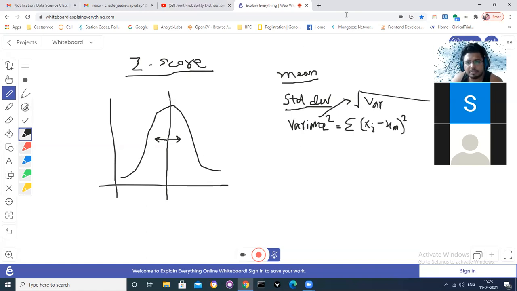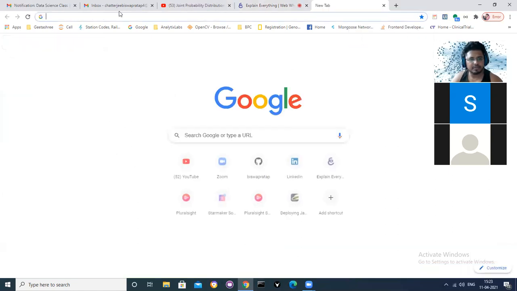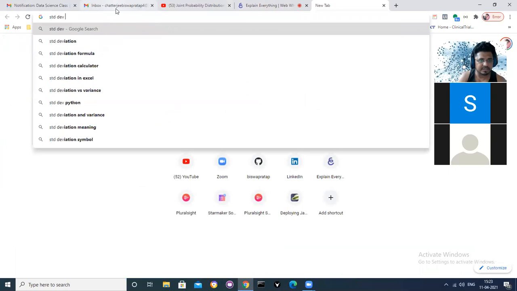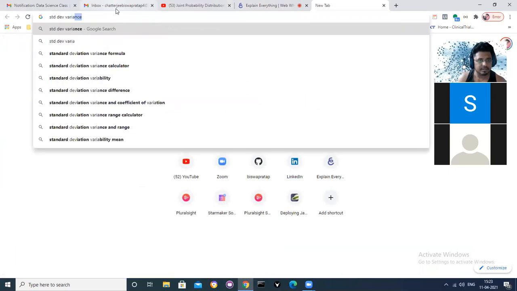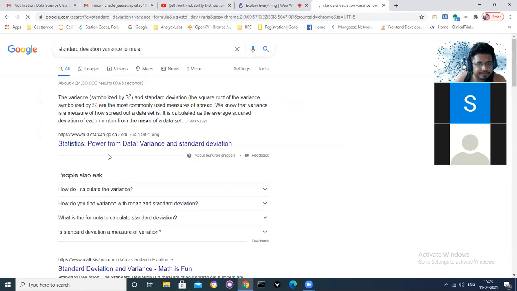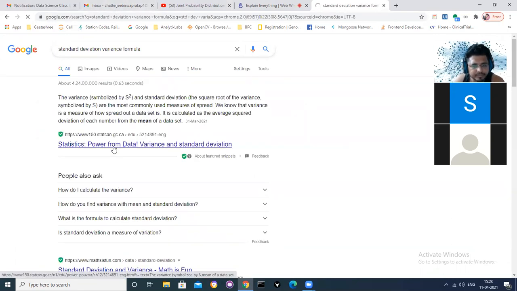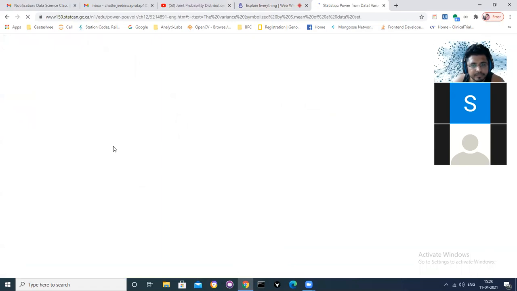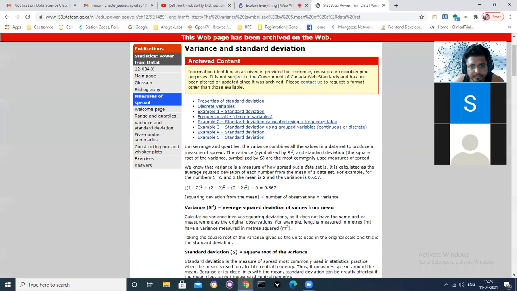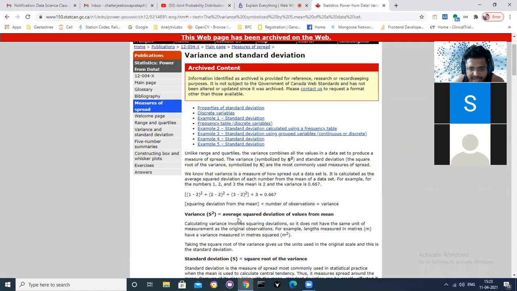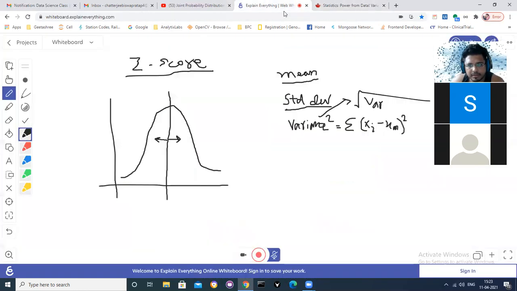I think so. Just let me confirm once. Standard deviation, variance. Yeah, so variance is the average of squared deviations of values from mean. So this is divided by n, the number of data points.